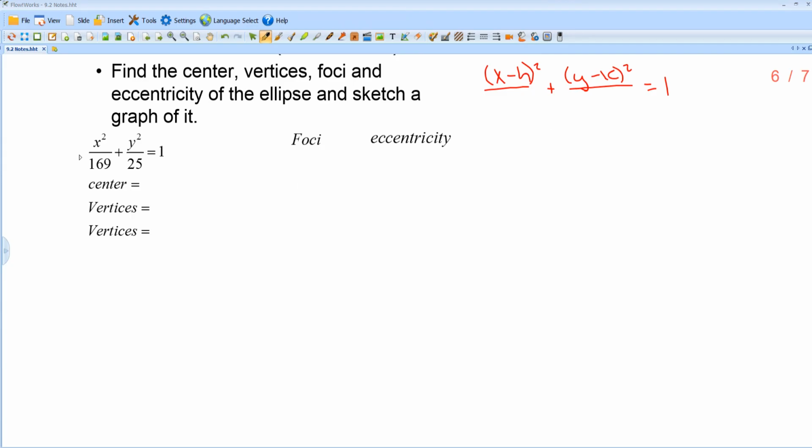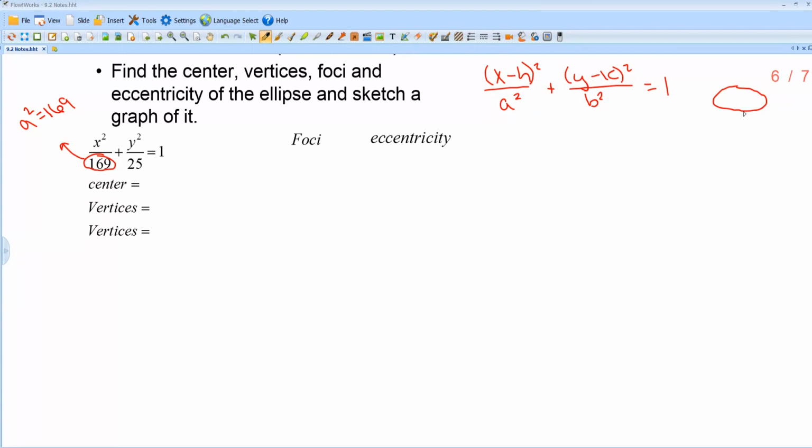Remember that the larger one, so here I have my larger one, that tells me that this is a, because a is always the larger one. So we have a squared equals 169. So we have a squared and b squared. Again, knowing that a squared is underneath the x term tells me that this oval has a major axis that's horizontal.